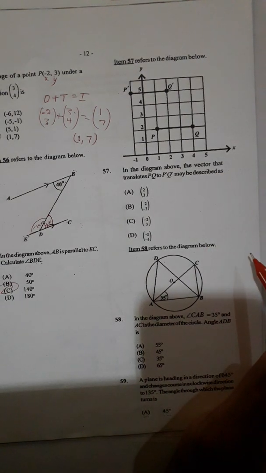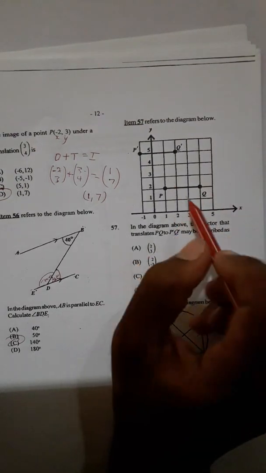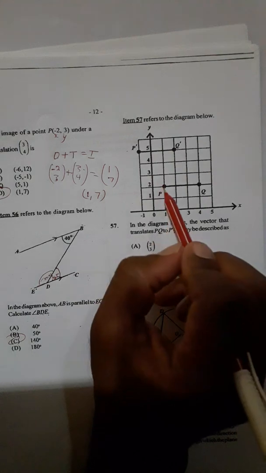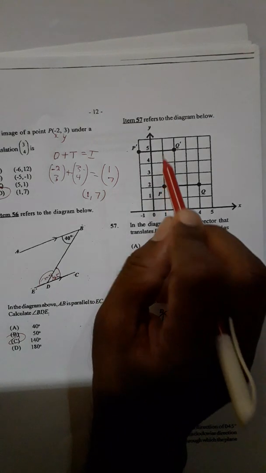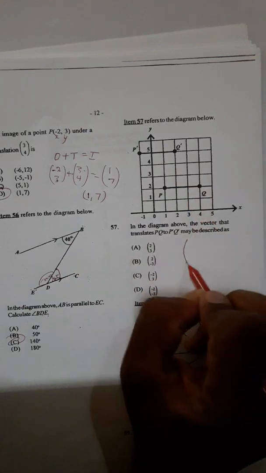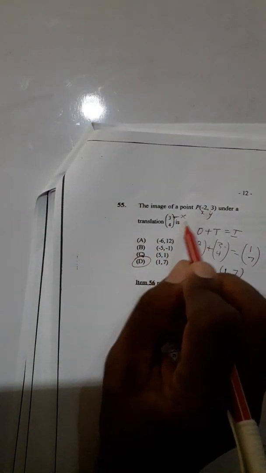Alright, so we can do it graphically since we are given a graph. We need to pick a point, either P or Q. Let us match P with P. First of all, it goes up 1, 2, 3. A translation vector is represented with the x value and the y value.